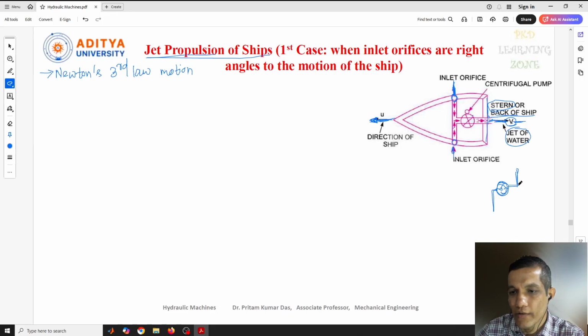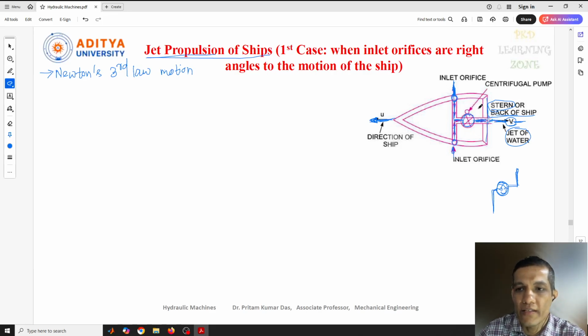You can say delivery pipe, and this is the suction pipe. So here also a similar thing is there. This is the suction part on both sides. The water comes in, and this is the centrifugal pump here, and this is the exit, or you can say the delivery pipe from the centrifugal pump.